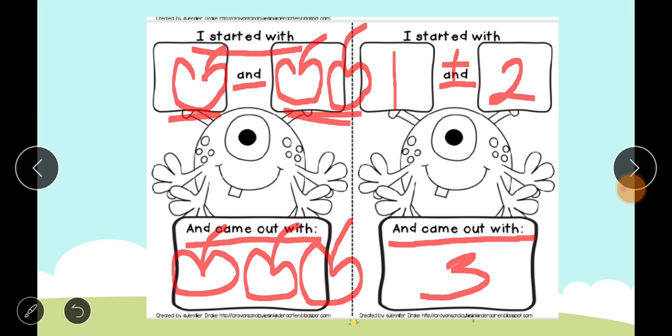So this means that number 3 is composed of 1 and 2. That means when you add 1 and 2 together, it makes up what? 3. Okay, let's continue.